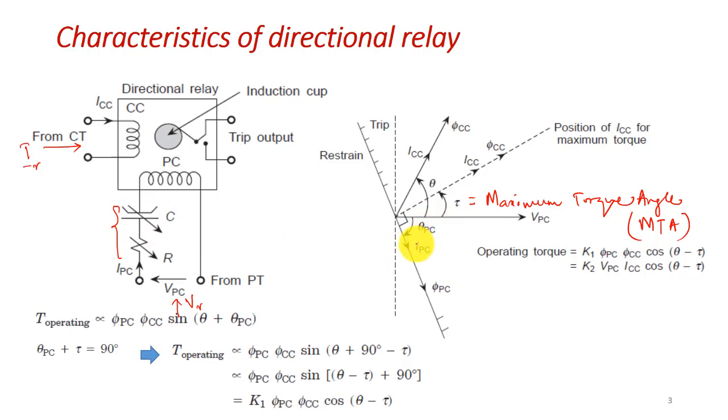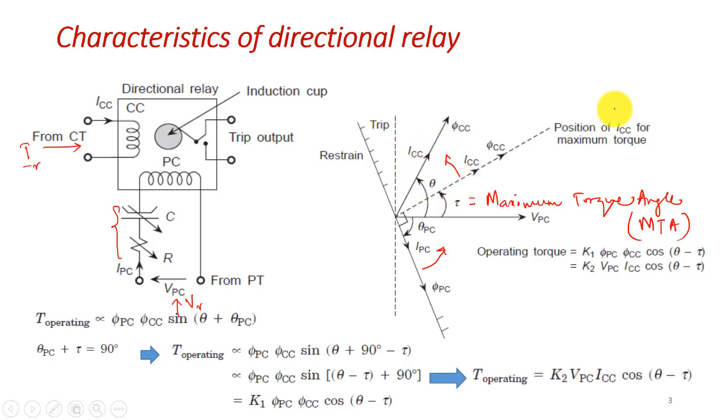As theta PC is adjusted, the position of ICC for maximum torque will move, and hence the maximum torque angle can be adjusted. So this is the maximum torque angle tau, and ICC is plotted here.